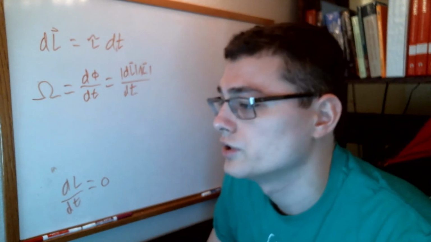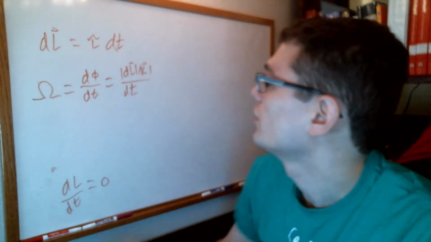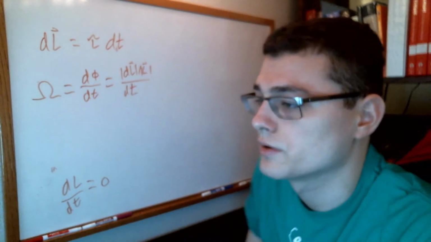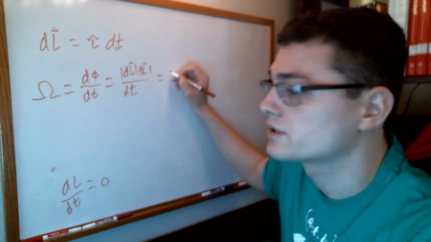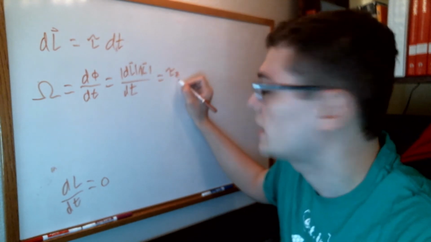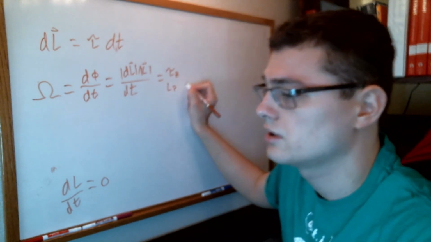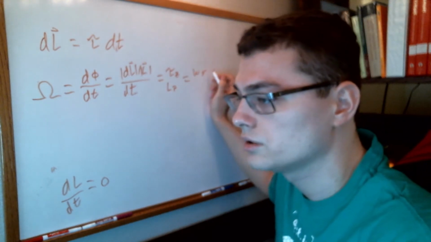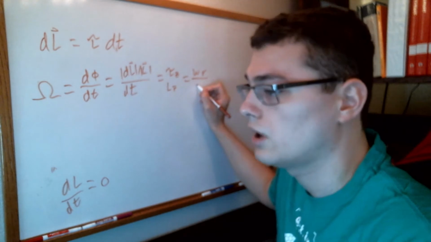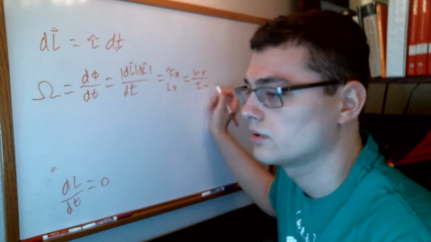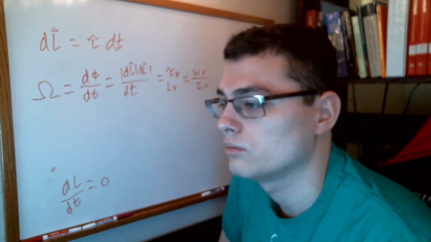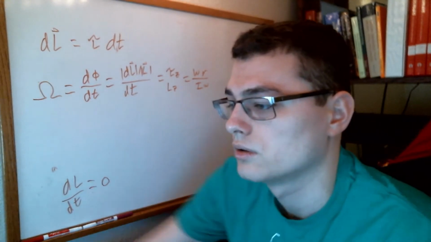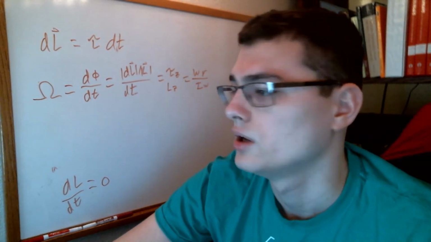And so what we can do here is say that dL dt is going to be our torque. And so then that's going to yield us tau z over Lz, which is going to yield us w r over I w.